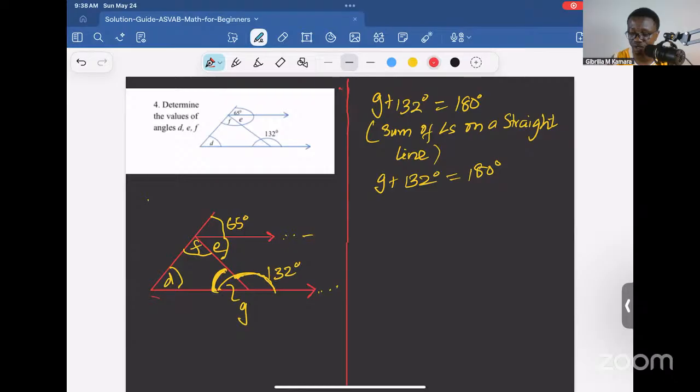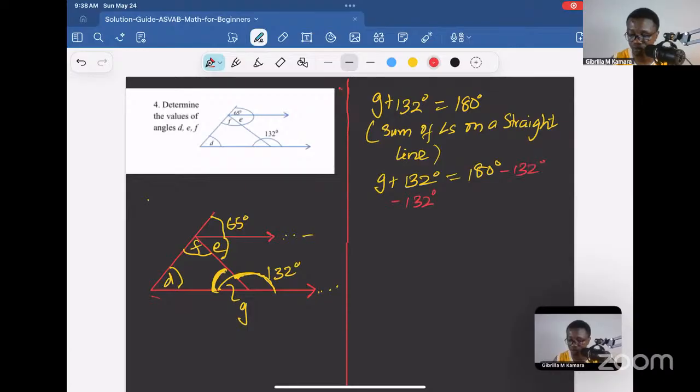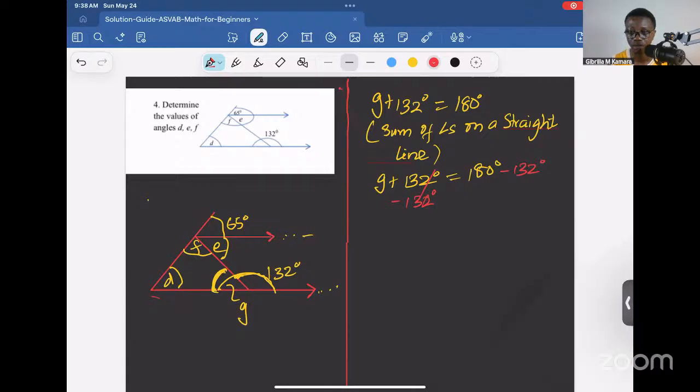We need G, we say minus 132, then minus 132. This and this goes. So my G is equal to 180 minus 132 degrees.